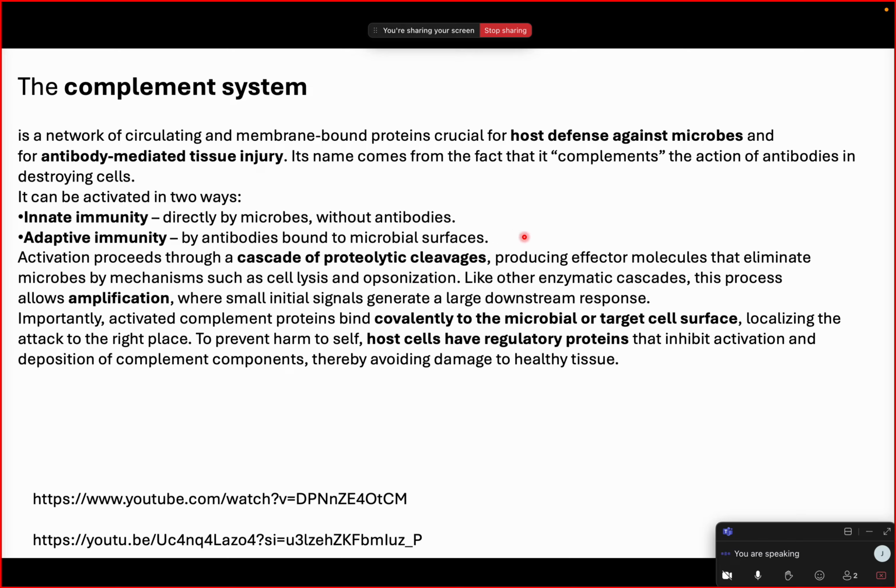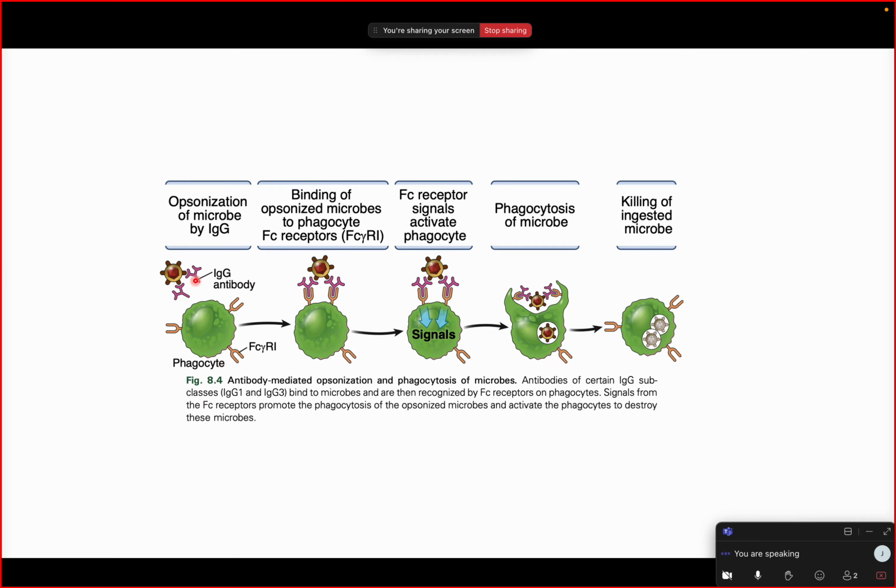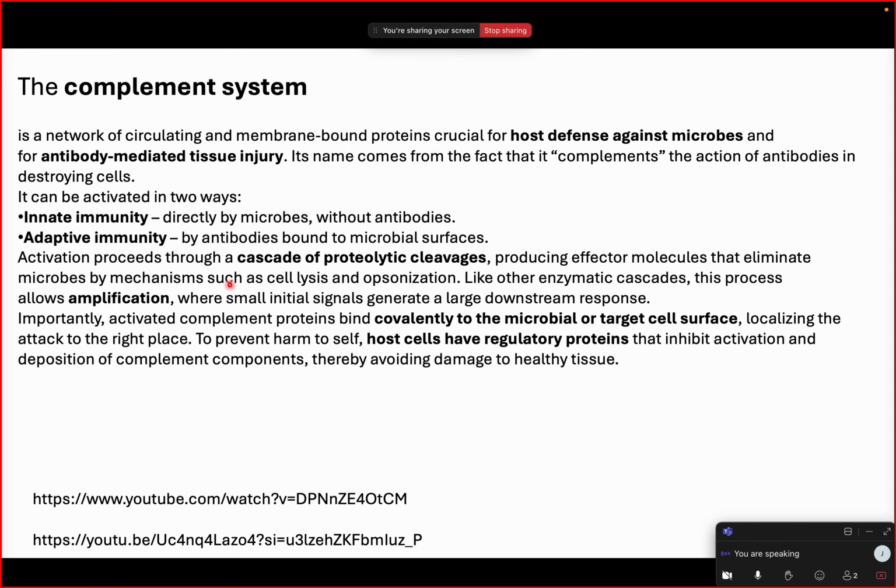So there is one pathway which is called the classical pathway, which initiates the complement system, where it recognizes this antigen antibody complex. Okay, so the activation proceeds through a cascade of proteolytic cleavages, producing effector molecules that eliminate microbes by mechanisms such as cell lysis and opsonization.